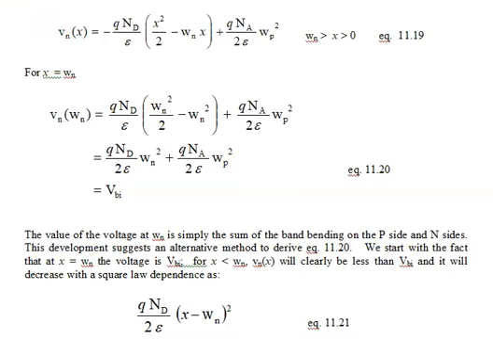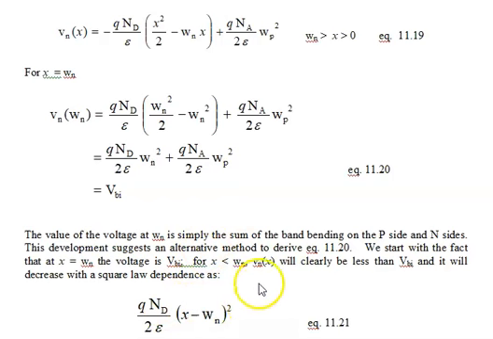Now this suggests an alternative way of doing the same thing without doing nearly as much mathematics. We can start with the potential on the N side, and we know if we start with the potential, or the voltage I should say, voltage and potential are generally synonymous one with another, but not energy. Energy measured in electron volts, again, is the mirror image.